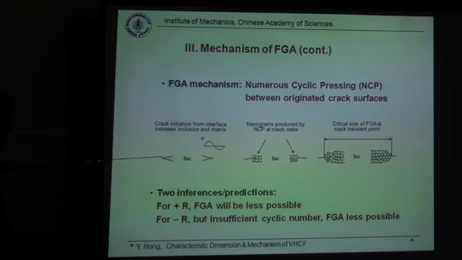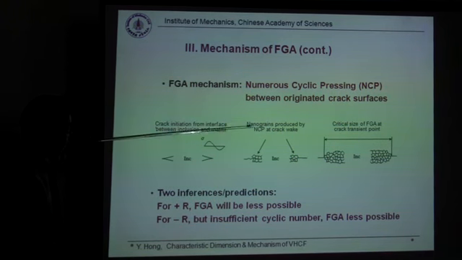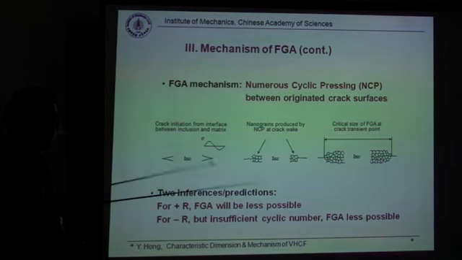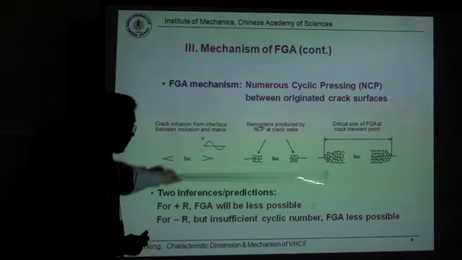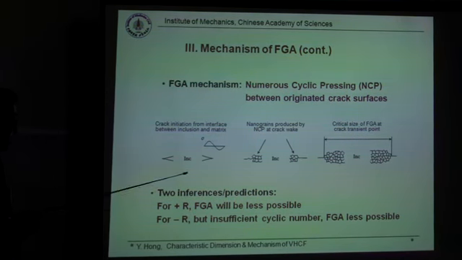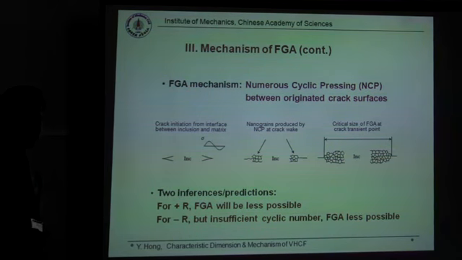The first step is the crack initiation. And there is a kind of contact or pressure between the crack surfaces, which then causes the fine grains in the fracture surface. So if we have this kind of mechanism, we may have two inferences or two predictions.